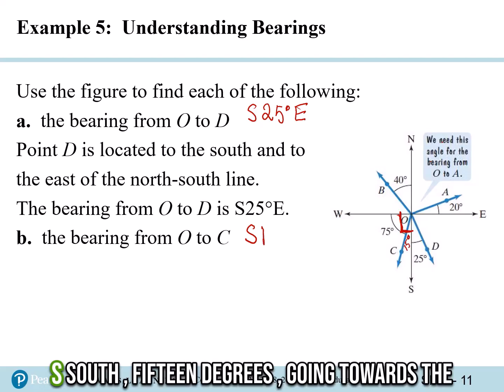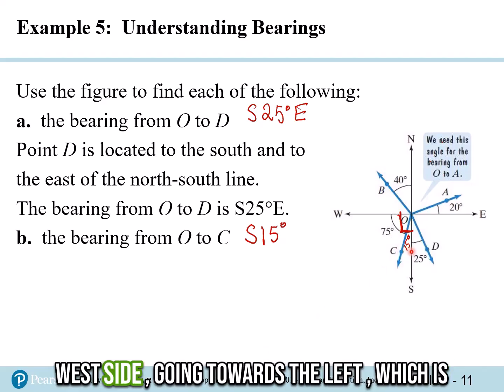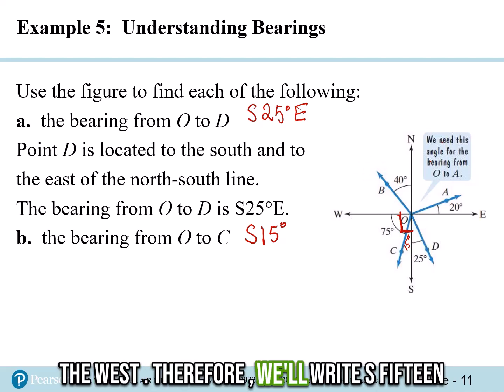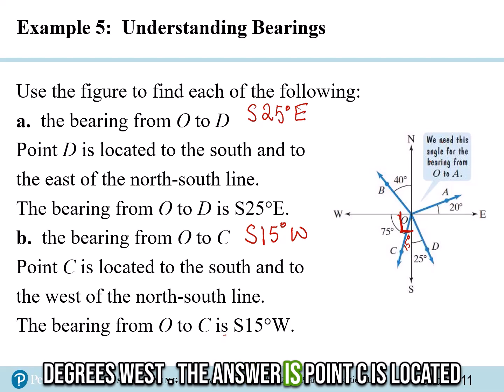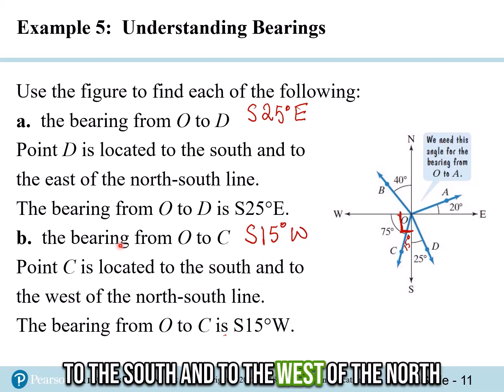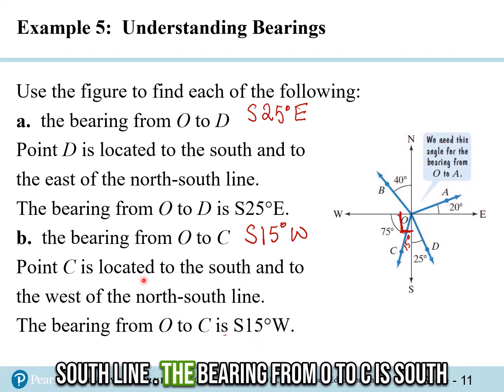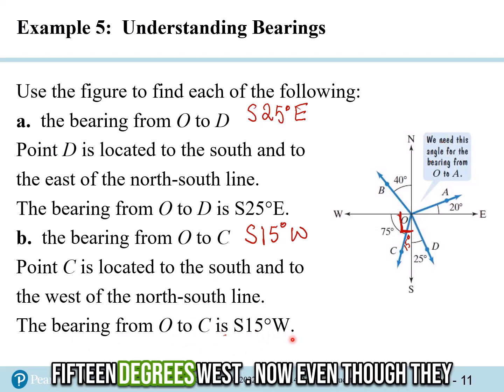So south 15 degrees going towards the west side, going towards the left, which is the west. Therefore, we write S 15 degrees west. The answer is point C is located to the south and to the west of the north-south line. The bearing from O to C is south 15 degrees west.